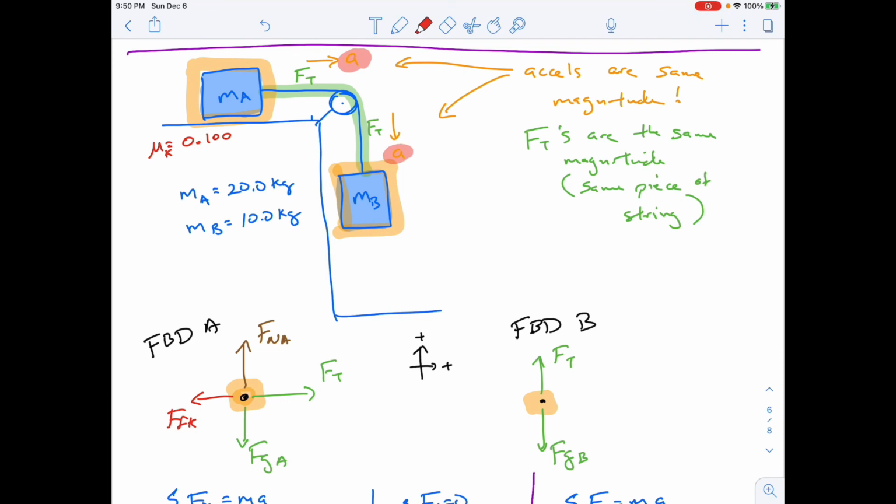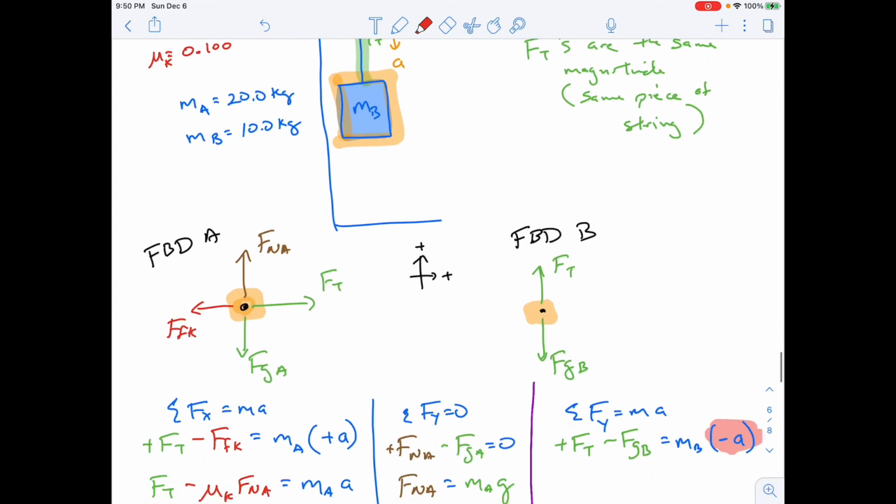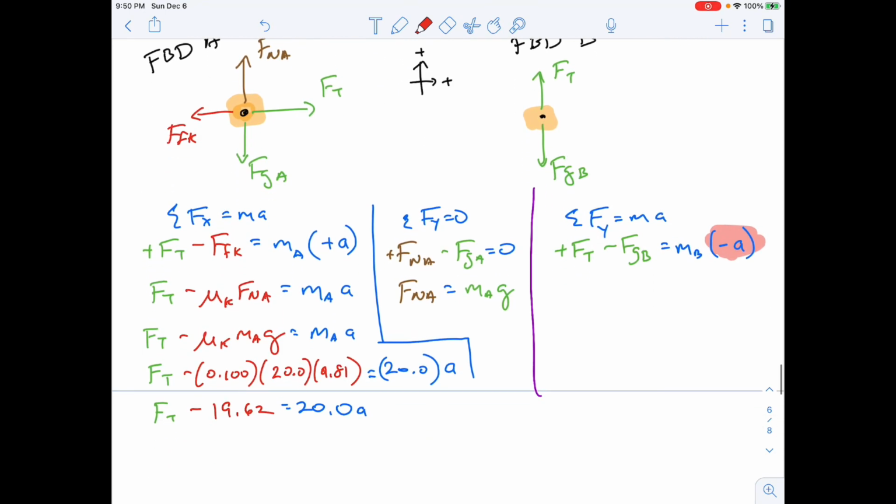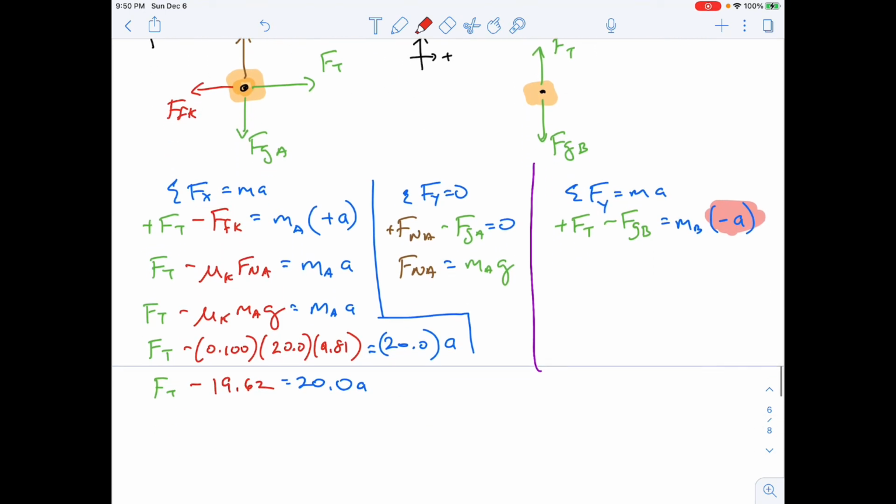Since the magnitude is the same, we can use the same letter, but the direction in each of our situations is not the same. So we must be very cognizant of that and put the appropriate sign, even if it's an unknown, because we're using that unknown letter in two different sets of equations. So you must be careful with the signs of your unknown if you use that letter more than once.